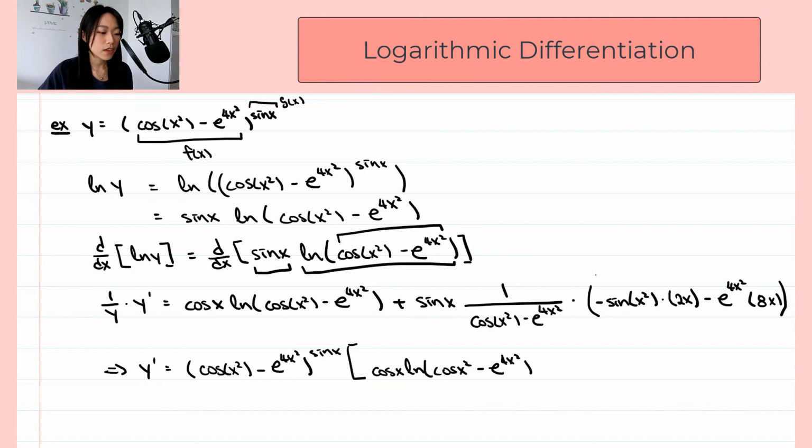And then we can factor out the negative sign here. So the second term is negative sine of x times 2x times sine of x squared plus 8x times e to the power of 4x squared over cosine of x squared minus e to the power of 4x squared.